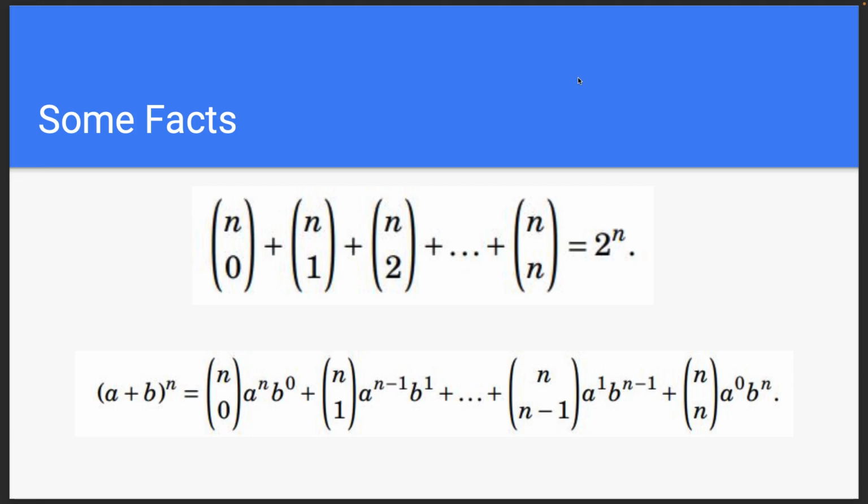It would be exactly choosing k parentheses to give us a and the others to give us b. So it would be choosing k out of n. That would be the coefficient of a to the power k multiplied by b to the power n minus k. Because on the left side we have n parentheses with a plus b inside them, and from each one of them we should choose to get a or b.